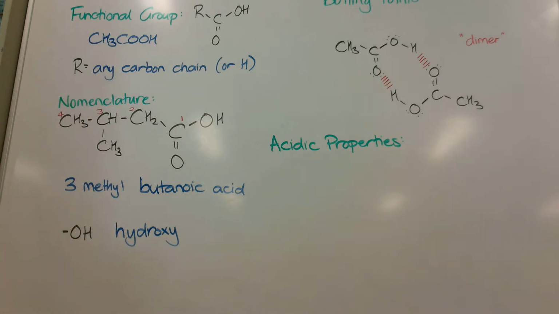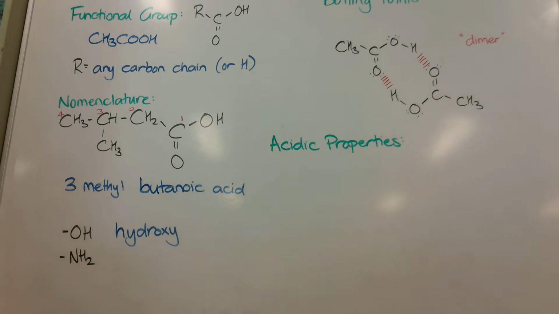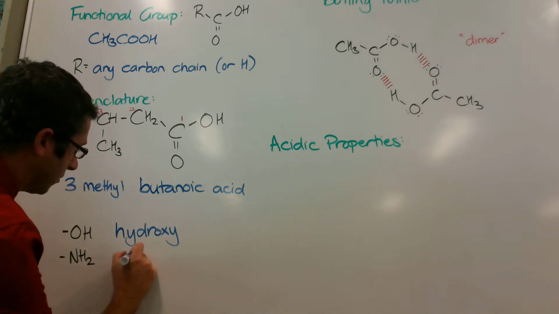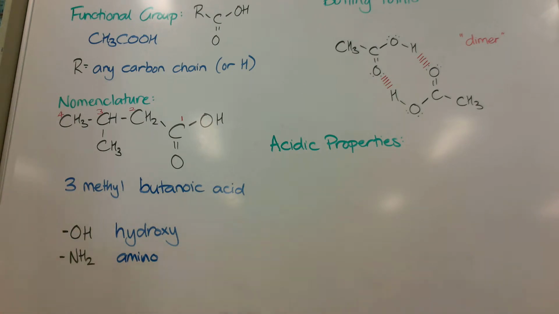And of course then you've got your other side chains, NH2 would be amino. And then your main other ones are going to be things like your halogens, so halides, so chloro such and such, bromo such and such, that sort of thing. Okay, so there are the 2 other ones to note.